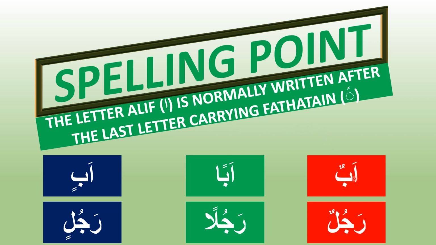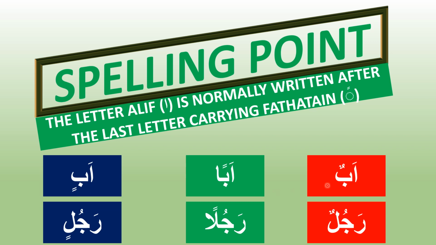So let's look at the word abun in red here, and on the extreme left, abin in blue. We notice the last letter is the letter ba, but the letter ba is not carrying fathatain, two fathas or tanween. It's carrying dammatain, two dammas, and two kasras, kasratain.